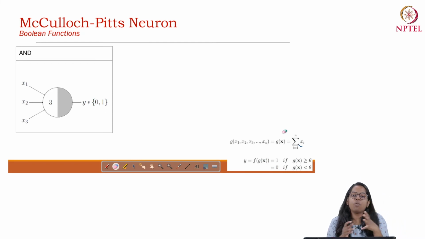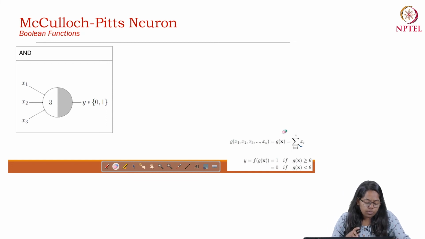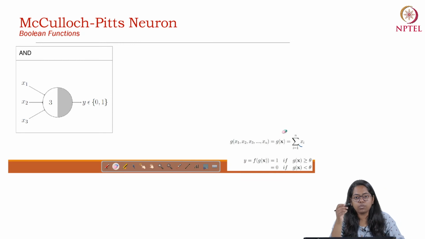That is, if all the three inputs are positive, are 1, then only the output of this gate will be 1, right? So when the summation of x1, x2 and x3 is equal to or greater than 3, then we'll say that y should be 1, correct?